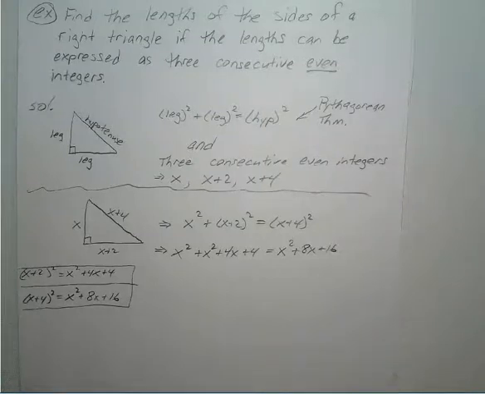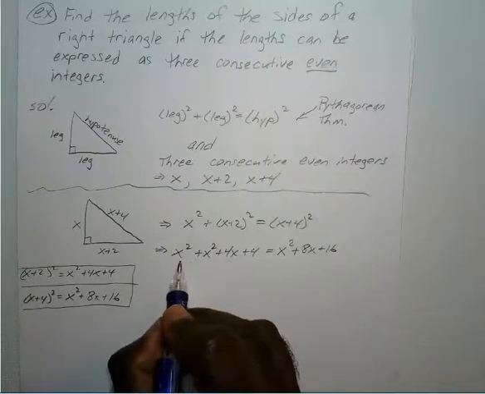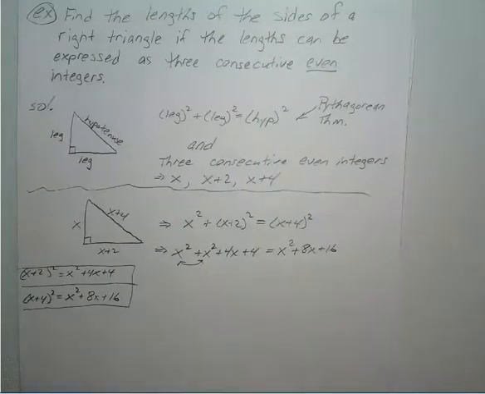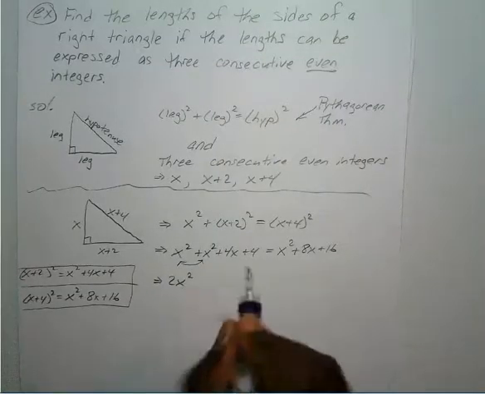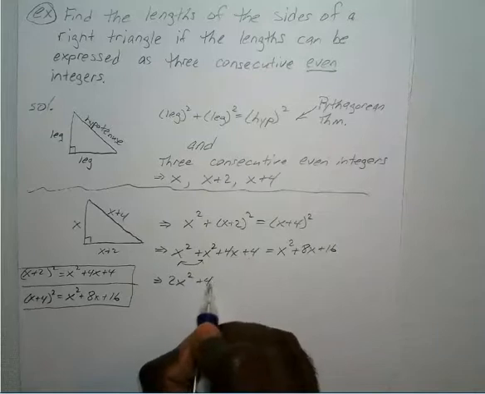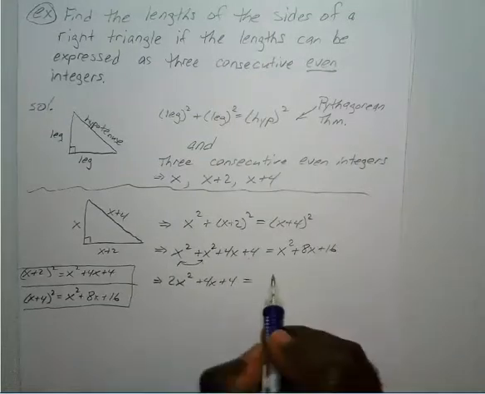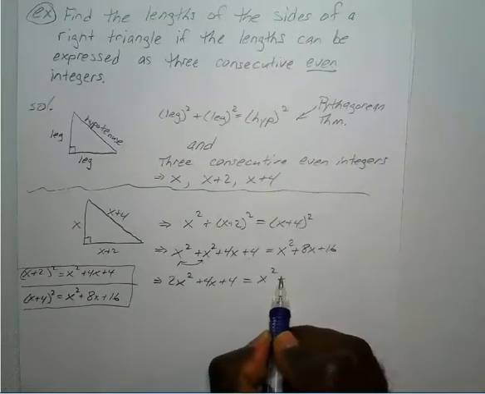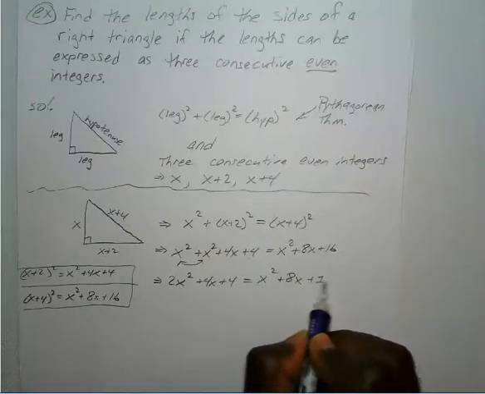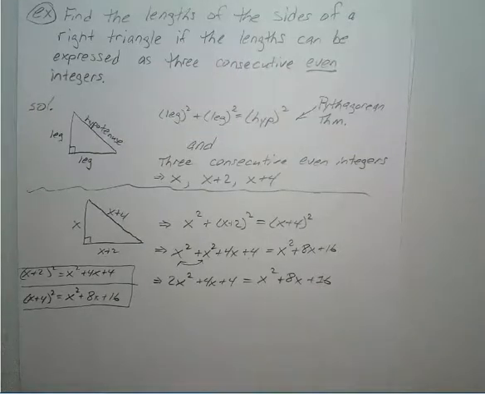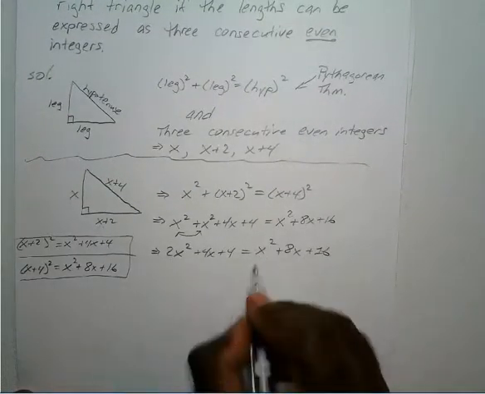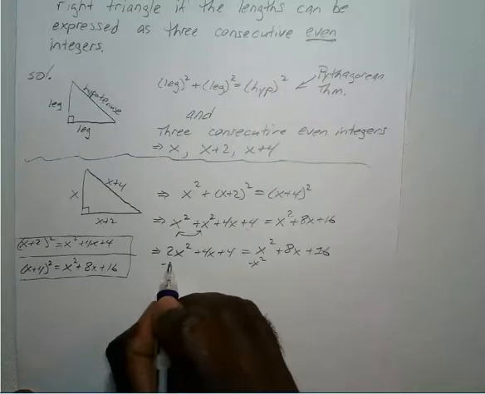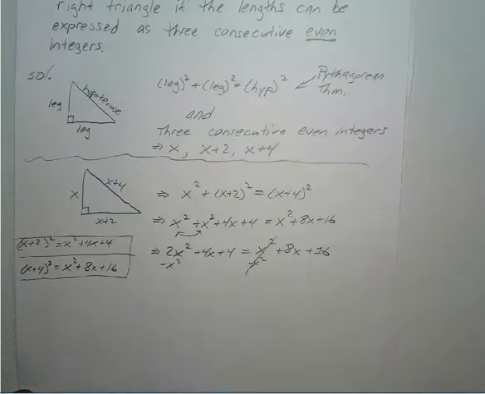Okay, so now we're just going to go ahead and start combining like terms and moving stuff over. Okay, so if we combine those two, we have 2x squared plus 4x plus 4 equals x squared plus 8x plus 16. Okay, so now we can subtract x squared from both sides, where that cancels out.